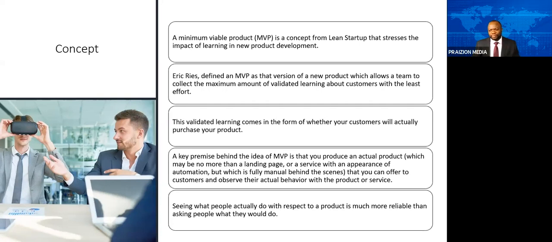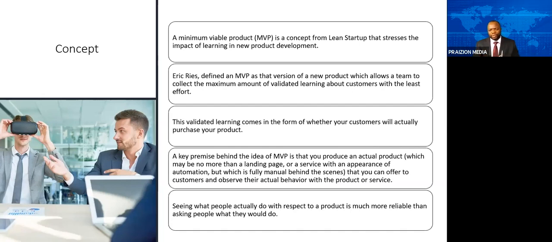A key premise behind this idea of MVP is that you produce an actual product, which may be no more than a landing page or a service with an appearance of automation, but which is fully manual behind the scenes, that you can offer to customers and observe their actual behavior. So if you've ever been in the world of web design, you know you can provide a static page with links that give the impression that it's all automated behind, but it's not.